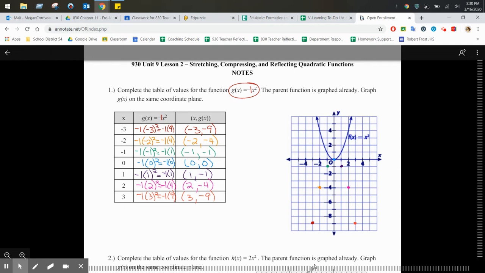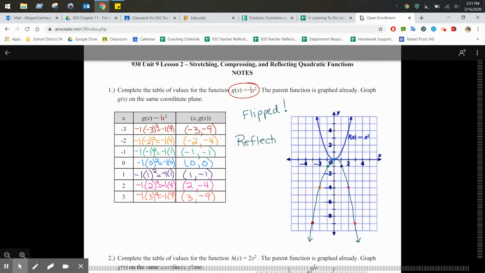See if I can't draw that in pretty well. It's going to look something like this. So what do we notice happened when we multiplied by a negative is it flipped upside down, right? It flipped. But what's that good math vocabulary for a flip? We call this a reflection.